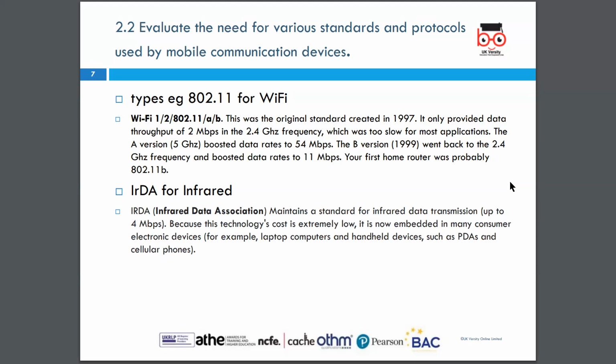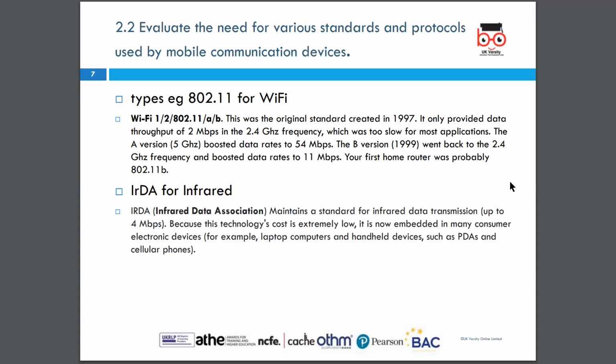Here, for example, we're looking at 802.11, which was the original standard created in 1997, which was the first Wi-Fi ever to exist, and it had a 2 megabit per second rate on a 2.4 gigahertz frequency, which we can assume at the time was really slow. And nowadays they have improved to a 5 gigahertz frequency and can give us a rate up to 54 megabits per second.